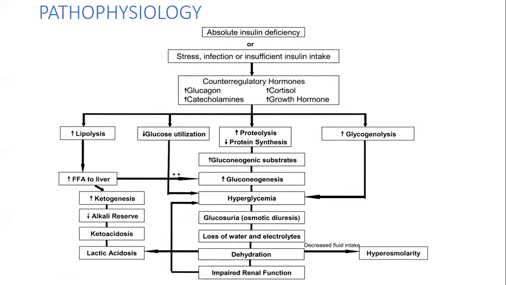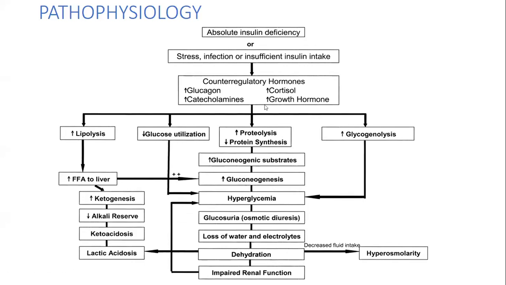When there's no insulin, there will be no storage, so there will be breakdown of everything. The reduced glucose utilization, as I showed you in the cartoons, will lead to hyperglycemia. So there will be a lot of glucose circulating in the blood system.